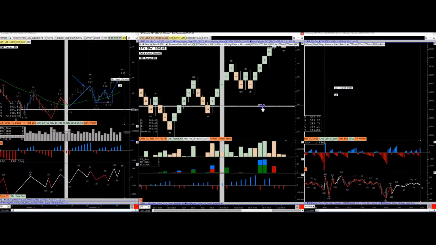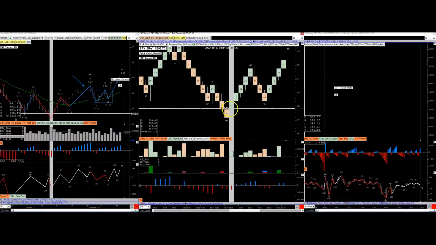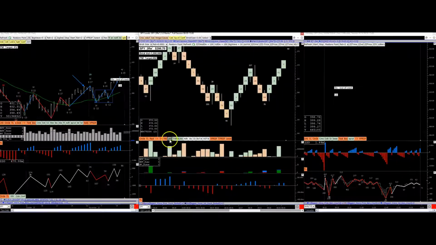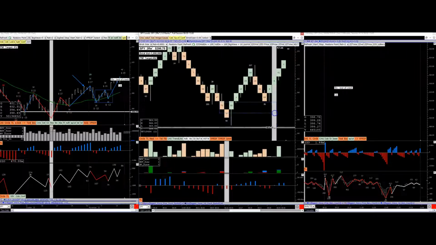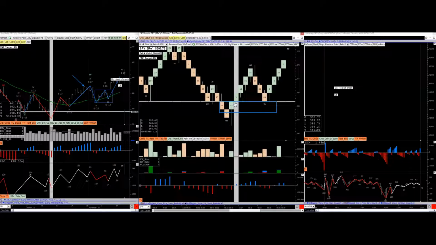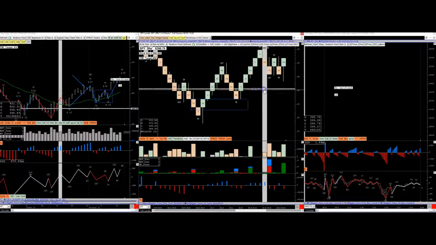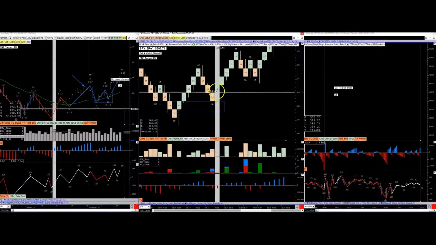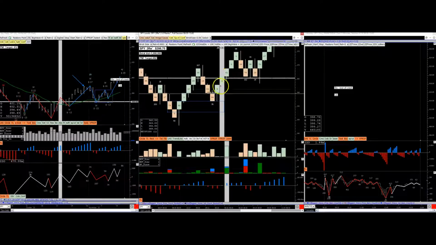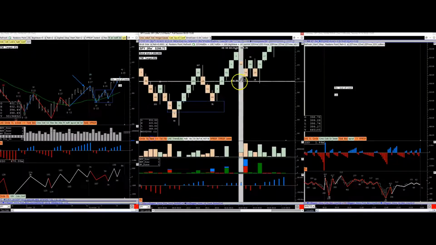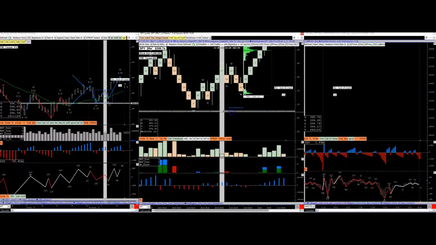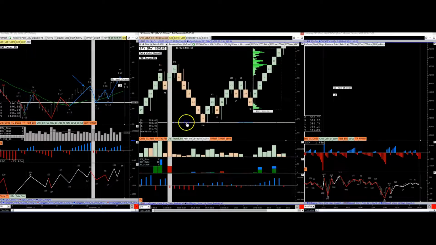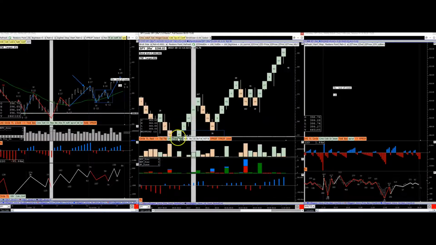This was the initial accumulation brick. Where'd the market go? It tested the accumulation brick. I don't really see an accumulation brick here. Why? It's low volume, so where did it go? The breakout brick. What did I do? To the breakout brick. Where's the breakout brick?